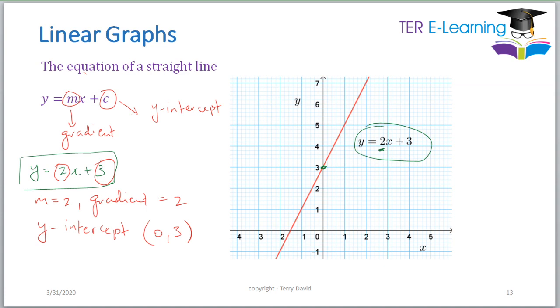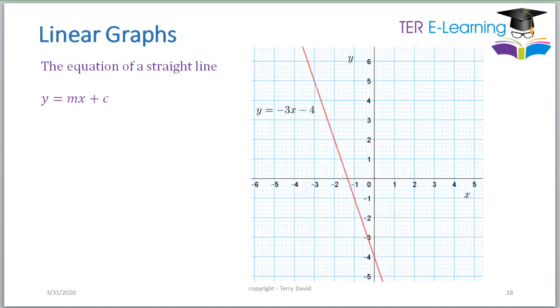But if I look at a graph like, let's say this one here, the equation of this line is y equal minus 3x minus 4. So the gradient in this case was minus 3. So notice how the graph is sloping. So just by looking at a graph, you can tell me if a graph has a negative gradient or a positive gradient or 0 gradient, right?